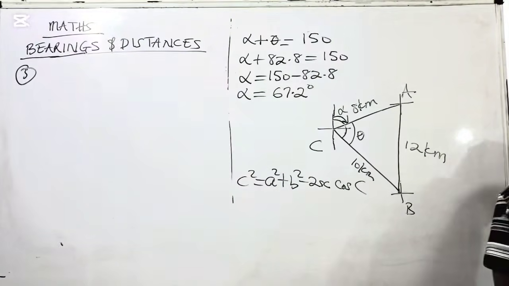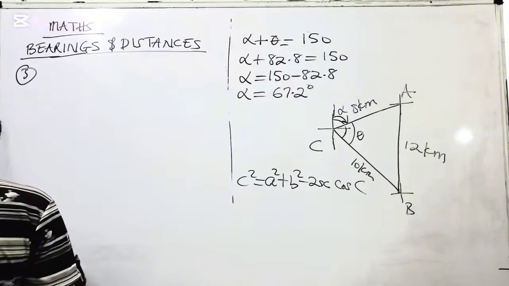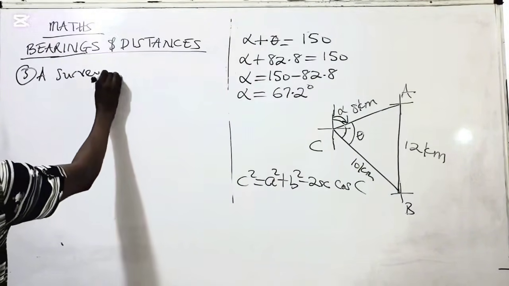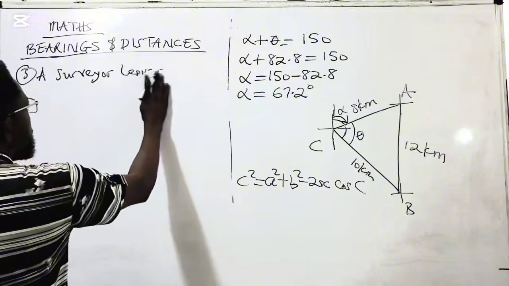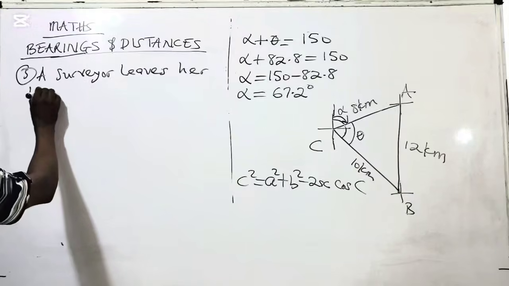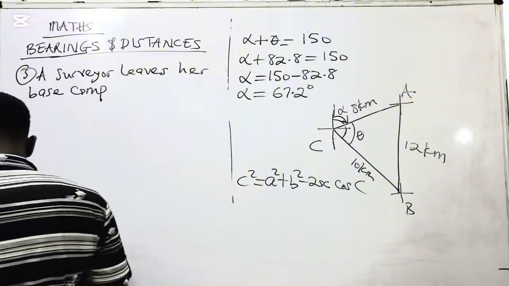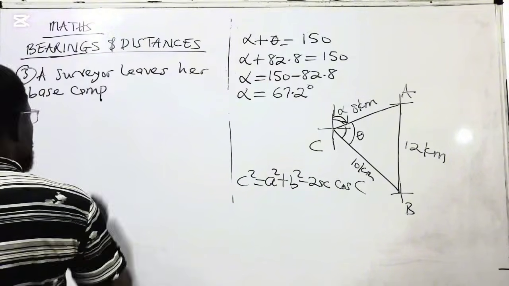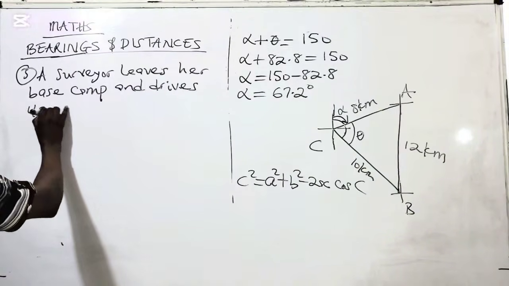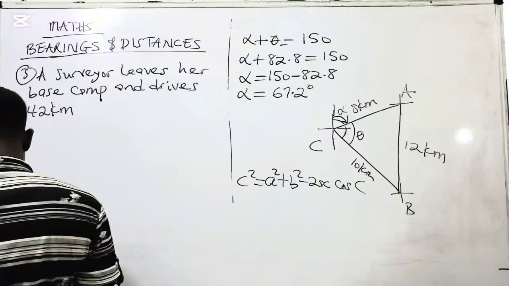This is something more technical now. The surveyor leaves a base camp and drives 42 kilometers on a bearing of 032 degrees.